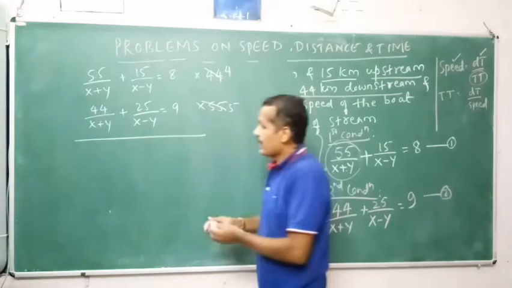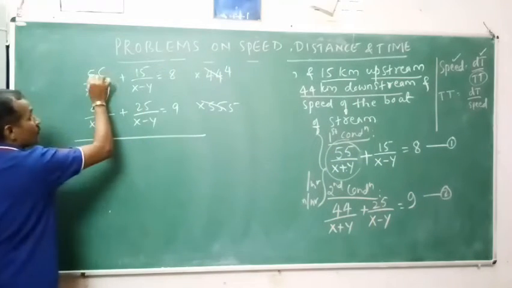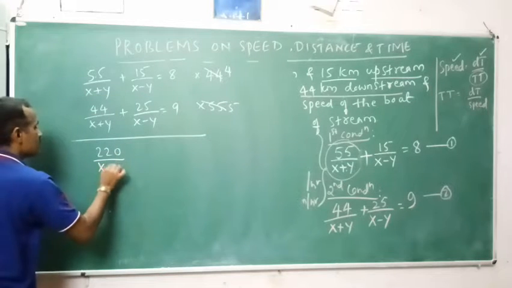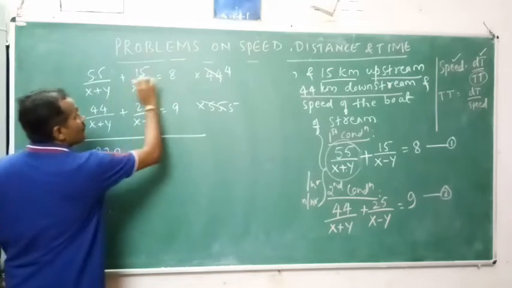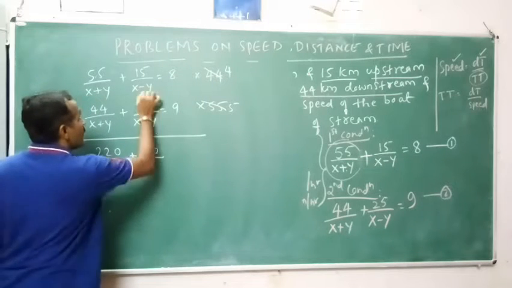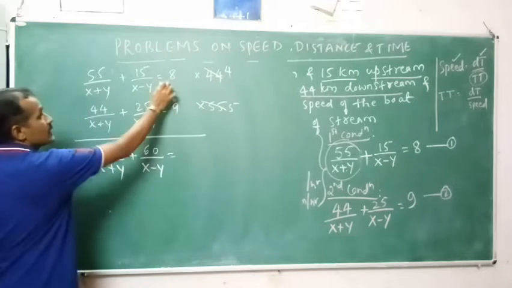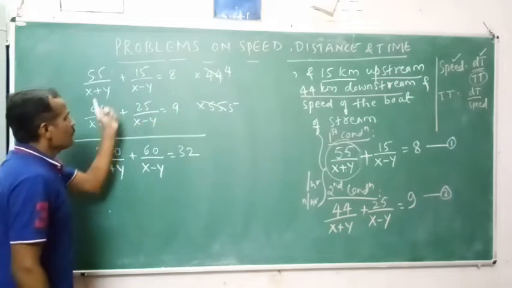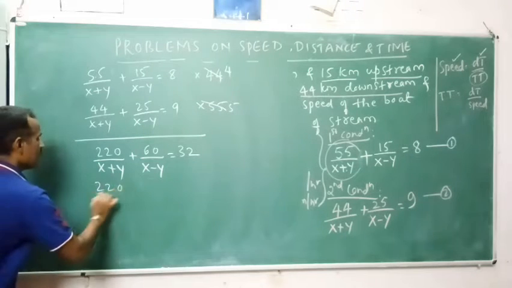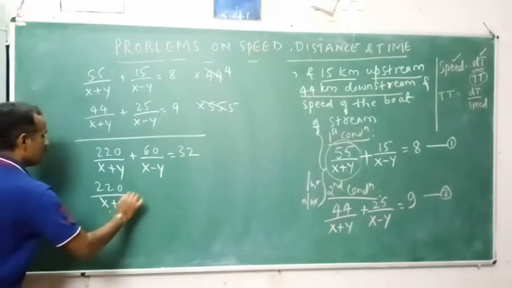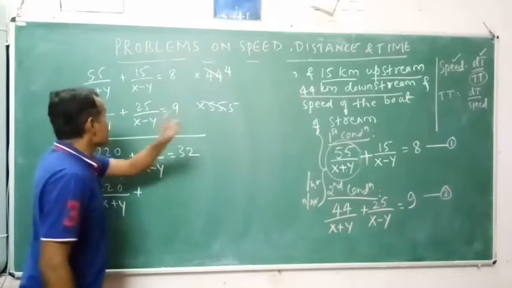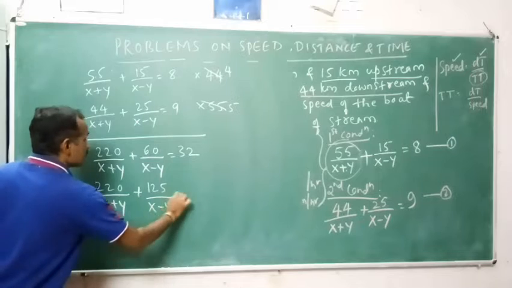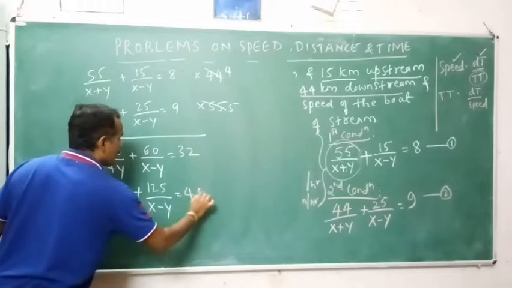Let me multiply. 55 fours are 220 divided by x plus y plus 15 fours are 60 divided by x minus y is equal to 8 fours are 32. 44 fives are 220 divided by x plus y plus 25 fives are 125 divided by x minus y is equal to 9 fives are 45.